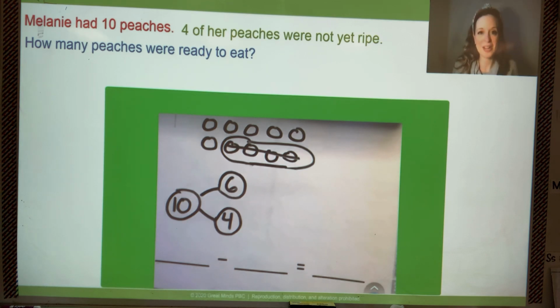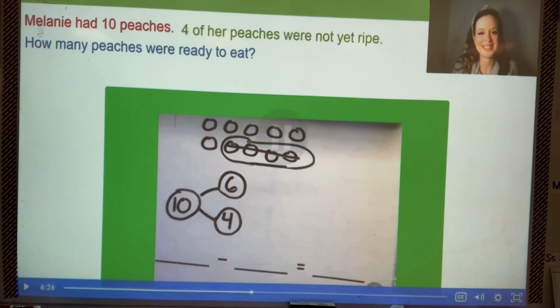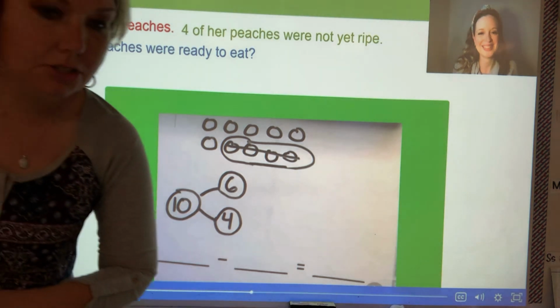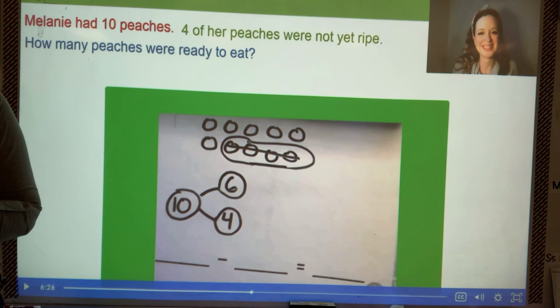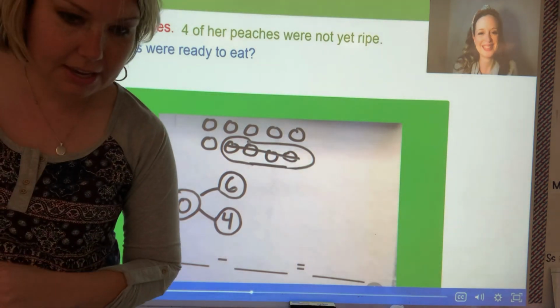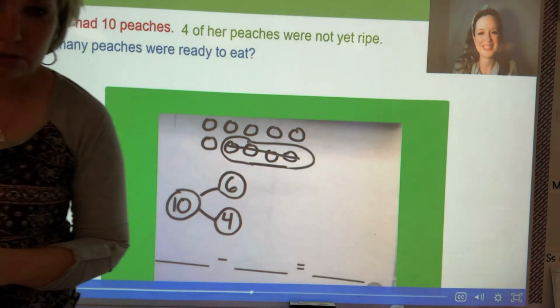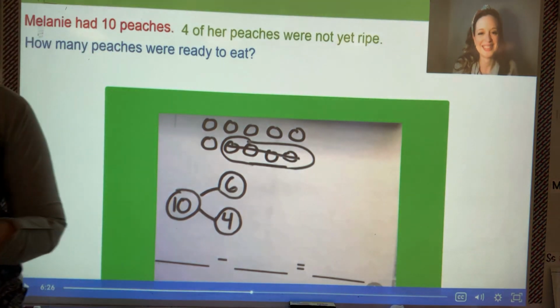Pause the video and fill in the template with the subtraction sentence. Go ahead and fill in your subtraction sentence now and hold it up. Good job, DJ. Good, Carolyn and Nicole. I like that.